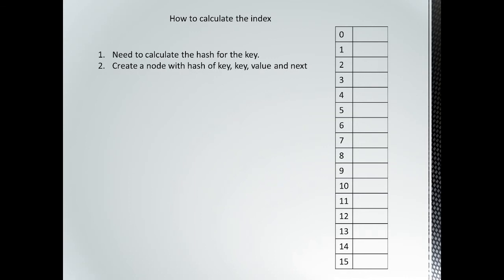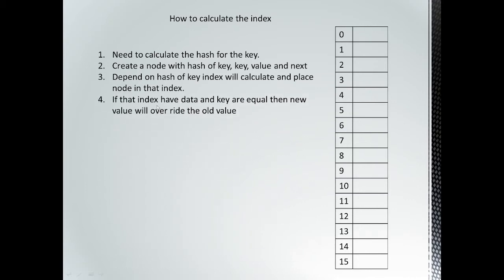Then we create a node with the hash of the key, the key, the value and the next node. Depending on the hash of the key, the index will be calculated. I'll show you in the code how it is calculated. If that index has data and the keys are equal, then it overrides. If there is no data, then it will go ahead and insert the new value there.